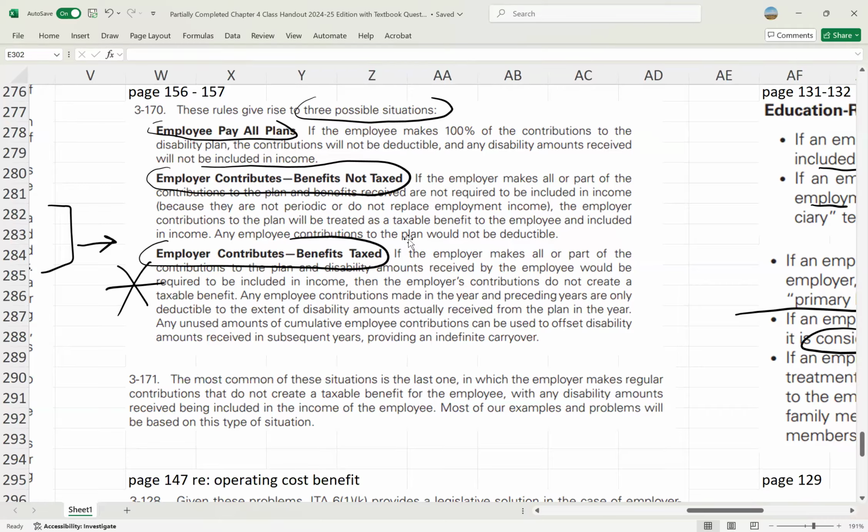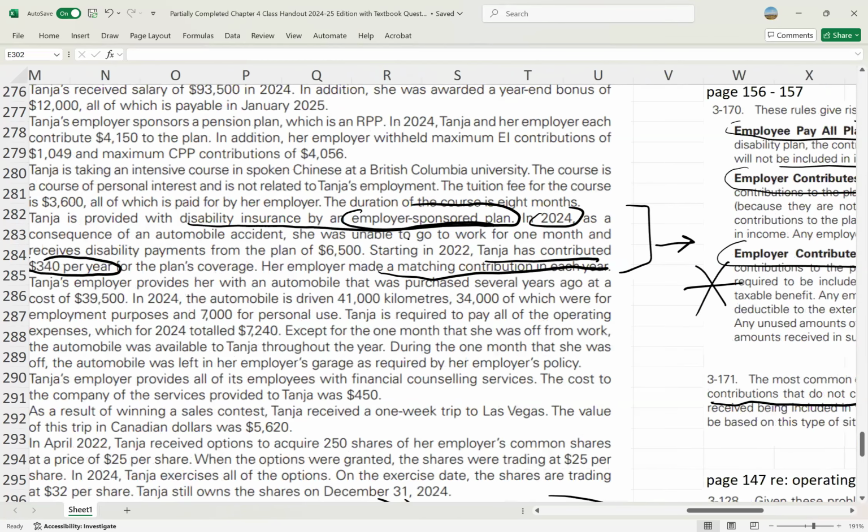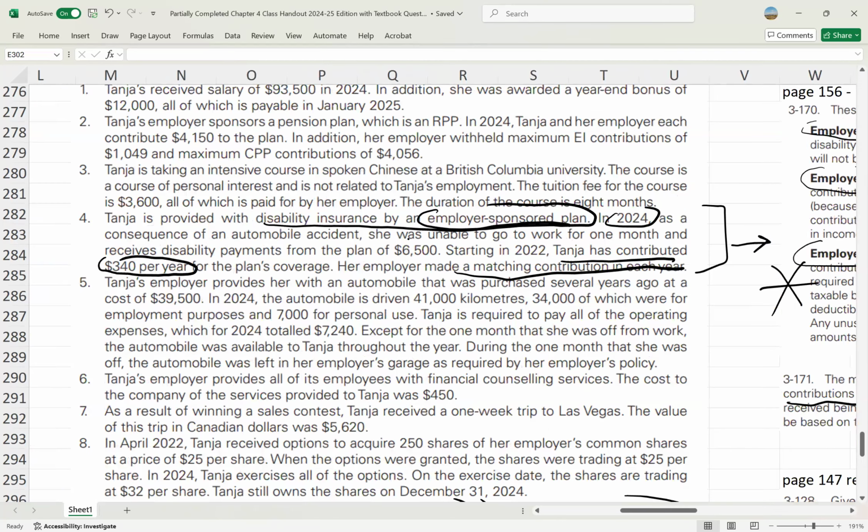And this is one where the employer makes regular contributions that do not create a taxable benefit for the employee. So what we're saying is that in this plan, the employer pays $340 a year, and Tanya also pays $340 a year. And in this plan that is most commonly seen in real life, the $340 that the employer pays is not a taxable benefit.